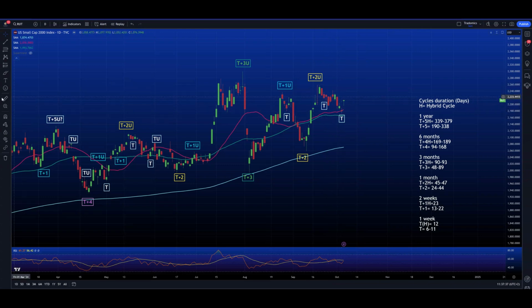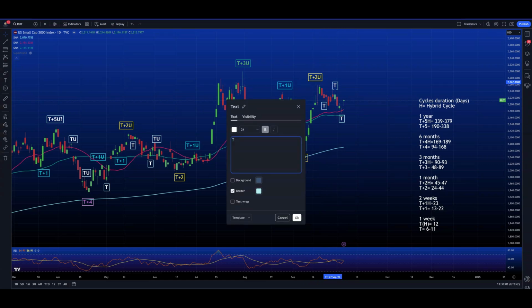An important thing is that if we go below this low, or if we go below 2,173, we might have more downtrend, even if now we are about to close. So this was the first weekly upward cycle, and we are about to close a T+1 upward cycle.